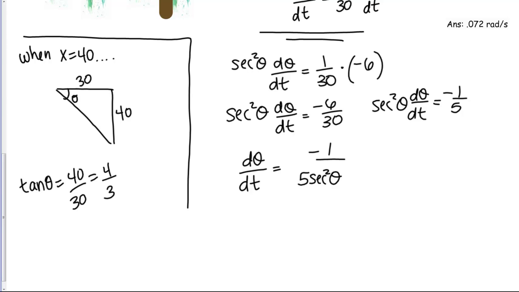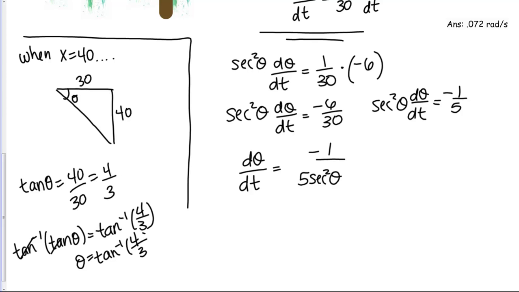Okay, so tangent theta is 4/3, but what about theta? How can I solve for what theta is? Well, we just need to take the inverse tangent of both sides. And the inverse tangent of the tangent, those cancel each other out, and I'm just left with theta equals the inverse tangent of 4/3.